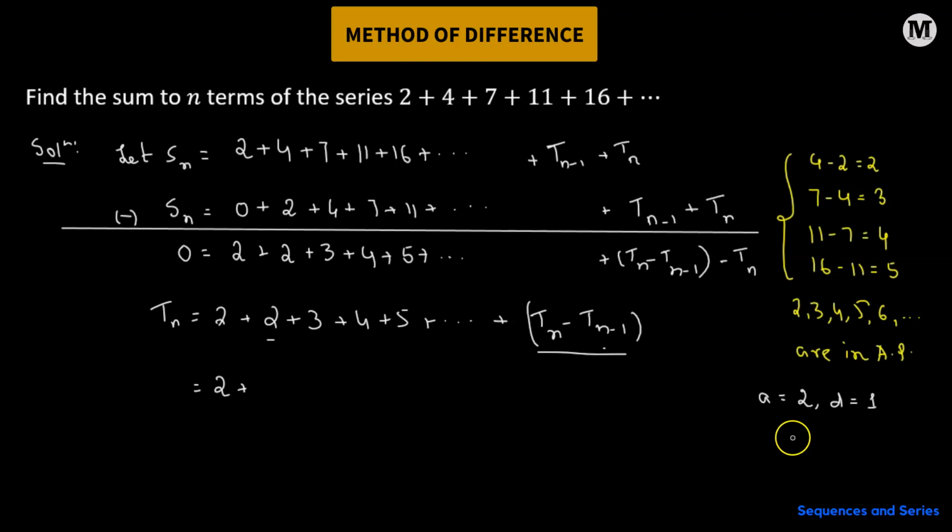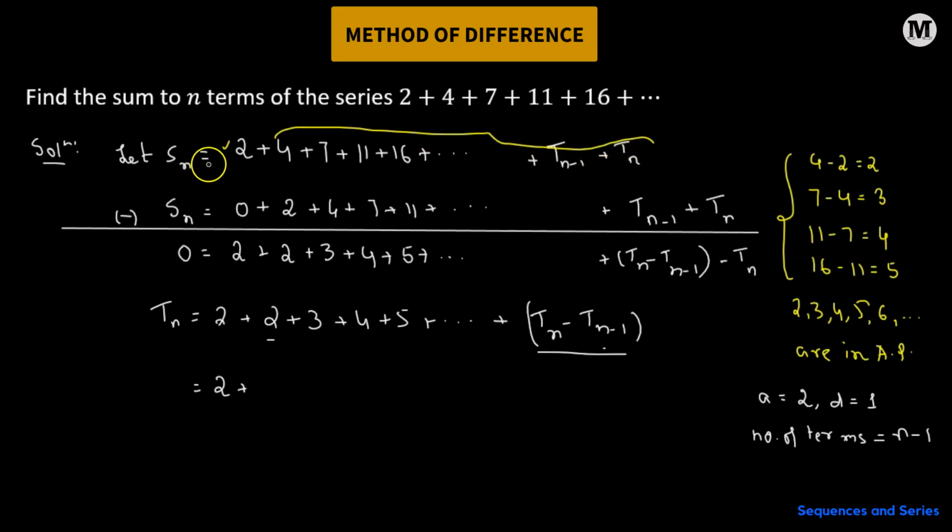And then we have the number of terms. Here we have to be careful with the number of terms of the arithmetic series. The number of terms is going to be not n but n minus 1. Let's try to understand why this is the case. For the first sum, we excluded the first term, that is 2. We included the second term all the way up to the last term, Tn.